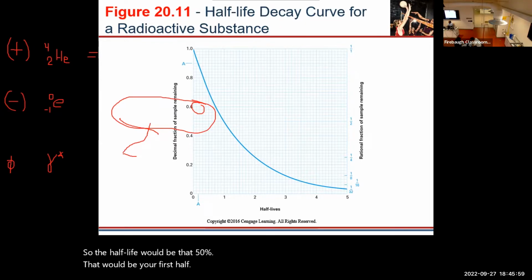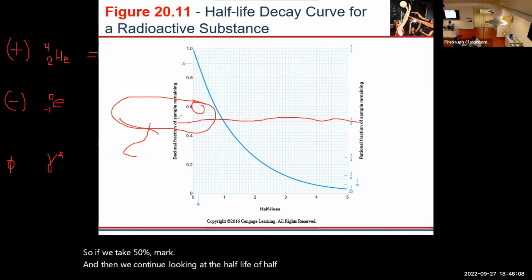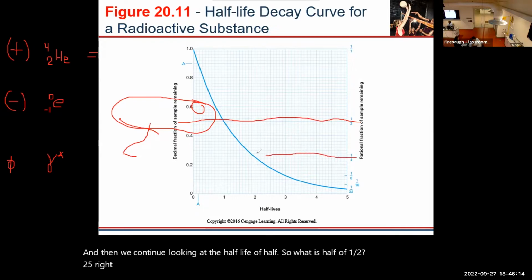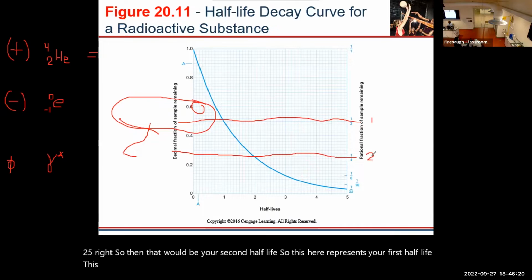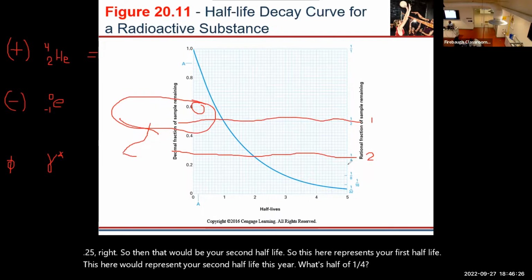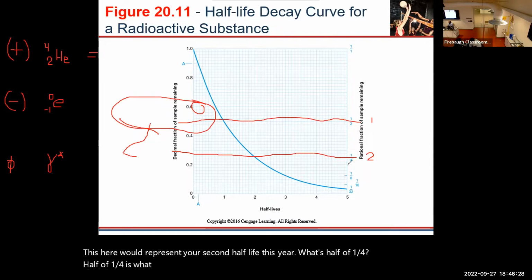Okay. So if we take 50% one, and then we continue looking at half-life of half, what is half of one half? 1/4, right? So then that would be the second. So this here represents the first half-life. This here would represent your second. This here, what's half of that? 1/8, right?